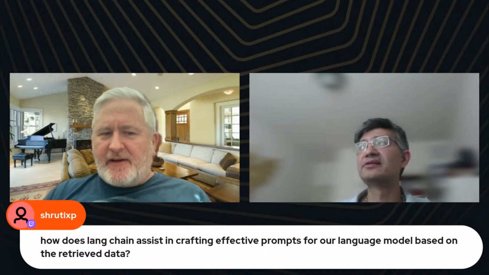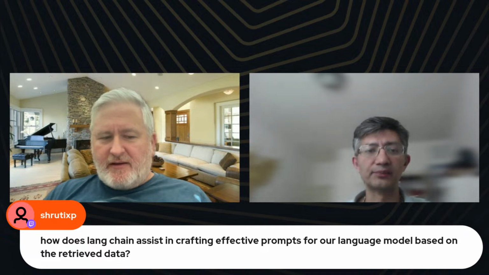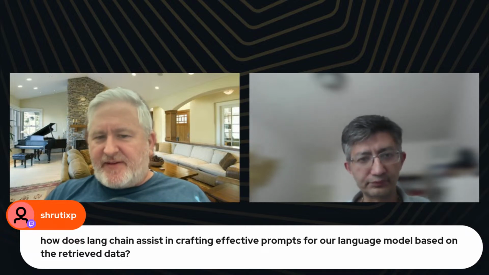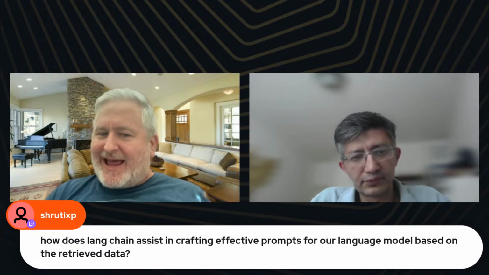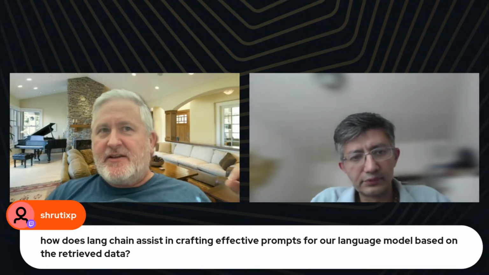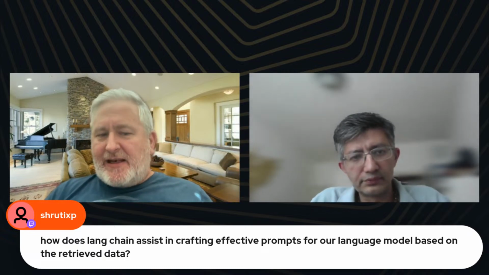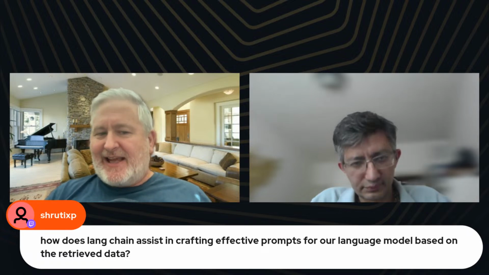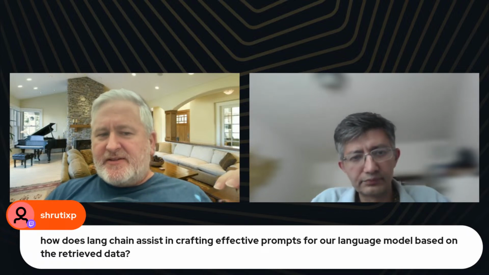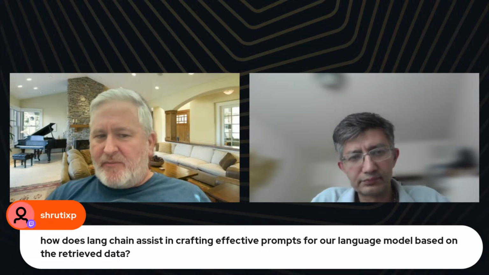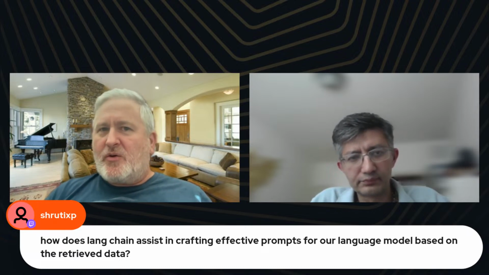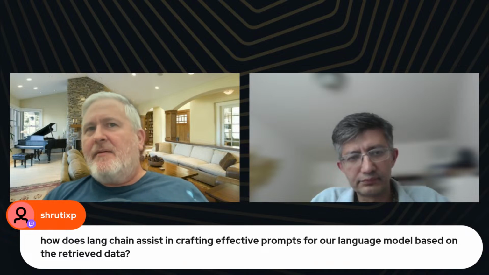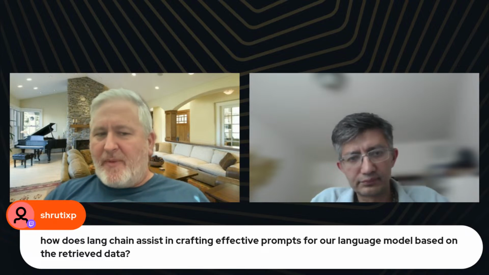If I could just add to that, Vijay. Everything Vijay is saying is correct. Another aspect is that there are many different LLMs, and they all have slightly different prompting syntaxes. Because LangChain is a meta framework, it knows about different LLMs, and given a question, it puts it in the correct prompting format for you.